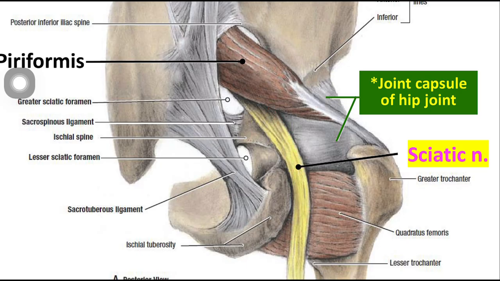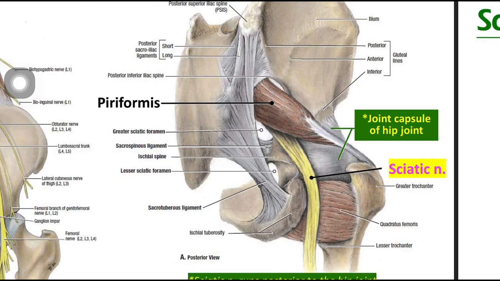You need to remember this, because if something is wrong with the hip joint, think about posterior dislocation of the hip joint. If it is pushed backward, it directly impacts the sciatic nerve, okay?